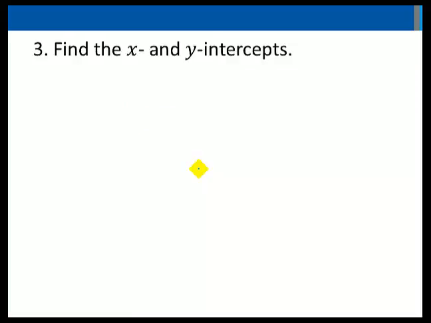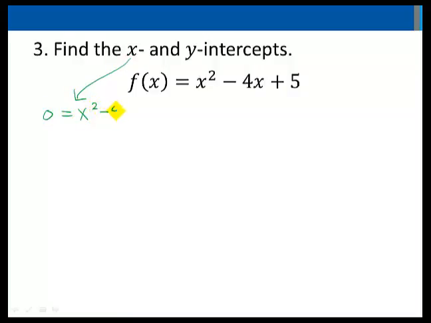Next, we will find the x and y intercepts. To find the x-intercepts, we set y equal to 0. Okay, so we have x^2 - 4x + 5 = 0.